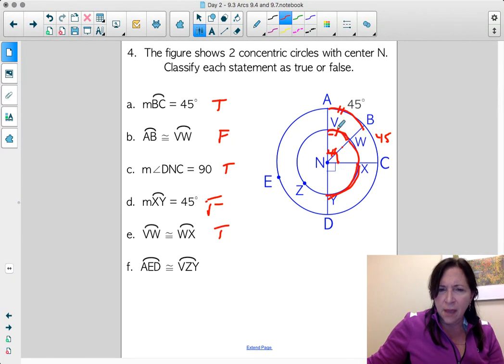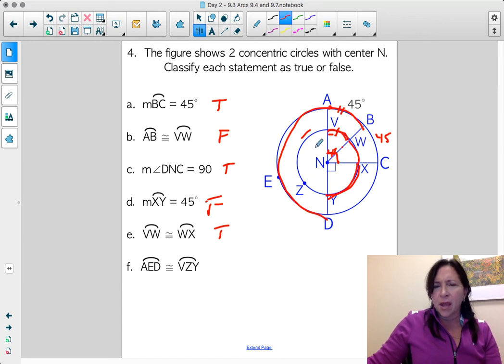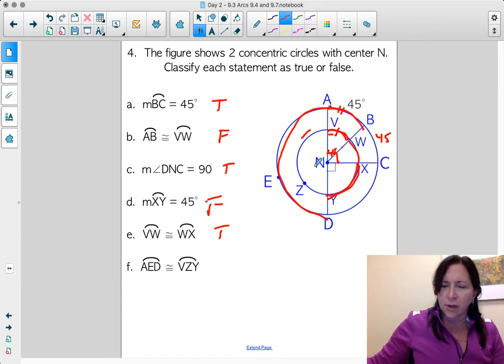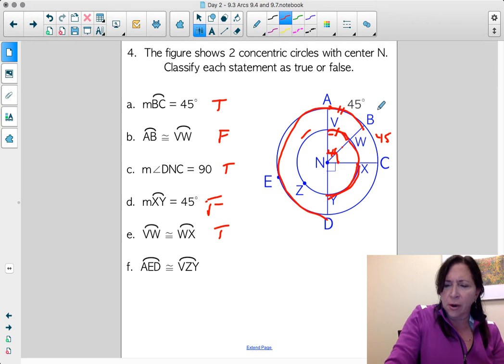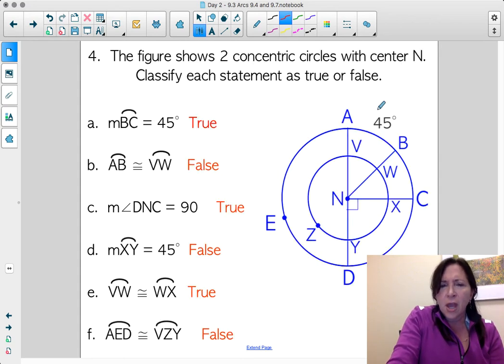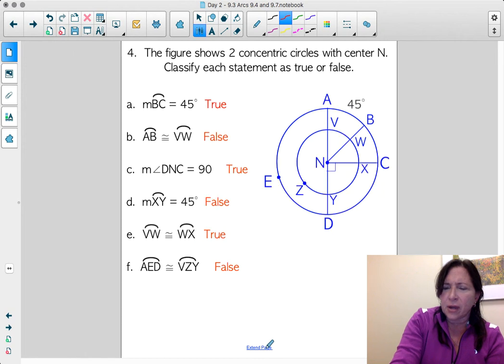True. And then we have arc AED. Is this arc congruent to VZY? The arcs are not congruent. The central angles are congruent, but our arc measures are not. So if you're checking your answers, you can check them.